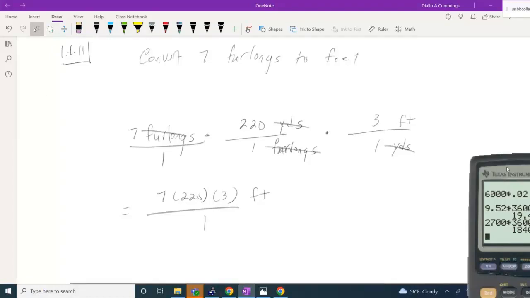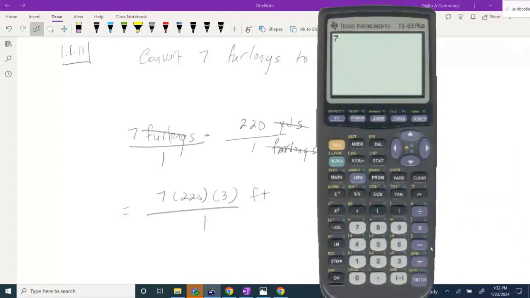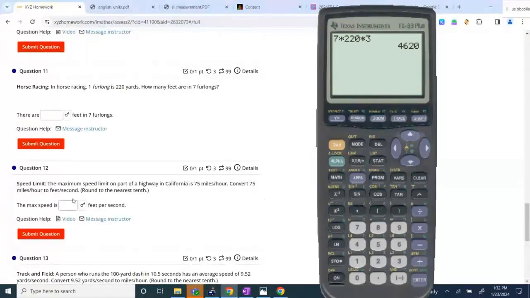So if we multiply all of these together, 7 times 220 times 3, we get 4,620. So 7 furlongs is 4,620 feet.